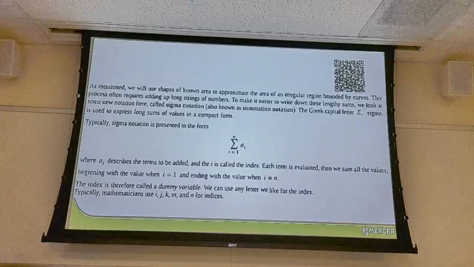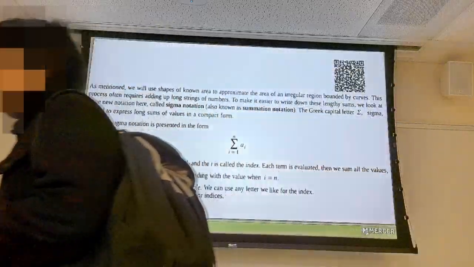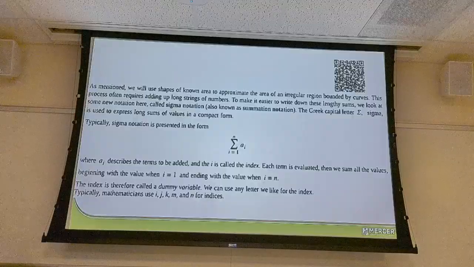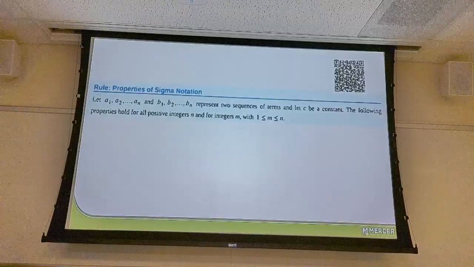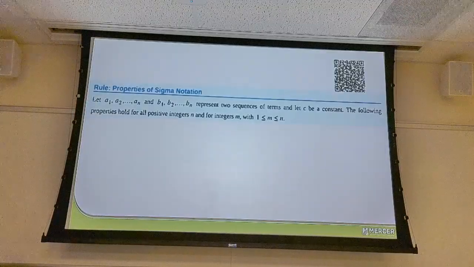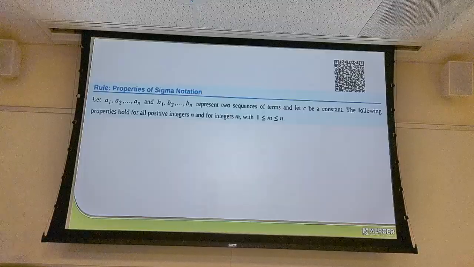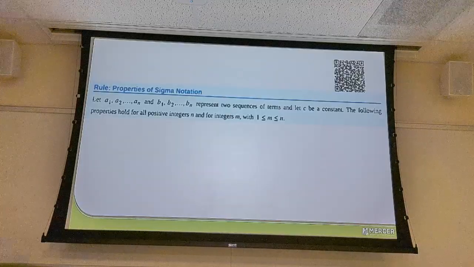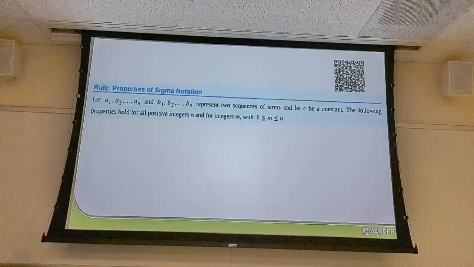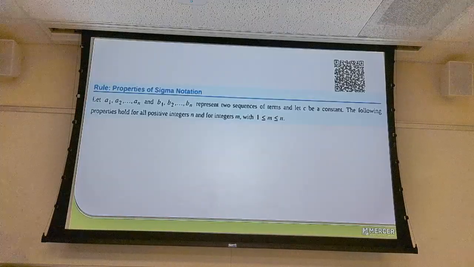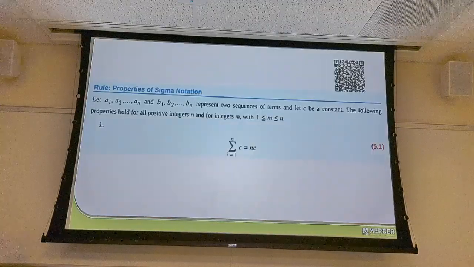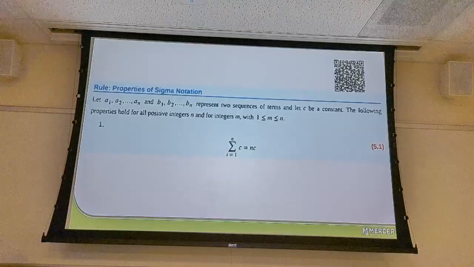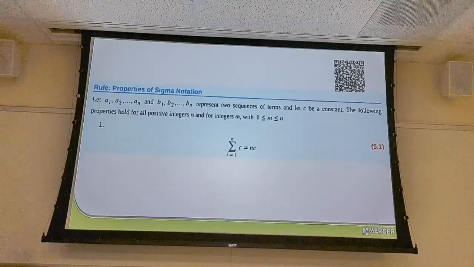So, properties of summation. We're going to have two sequences of terms, a and b, and some constant c. The sum from 1 to n of just that constant c is n times c.